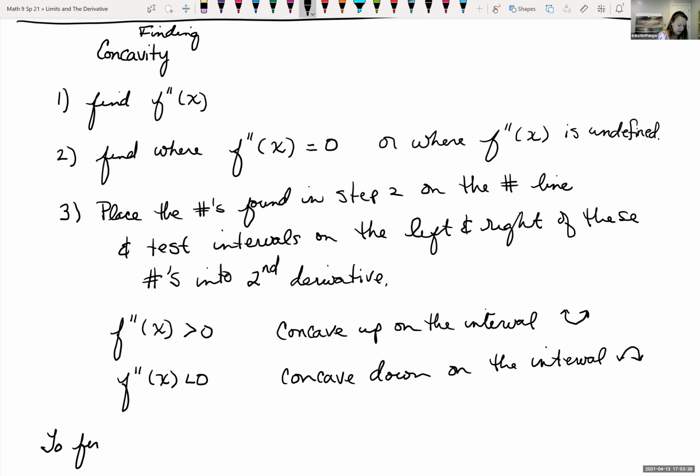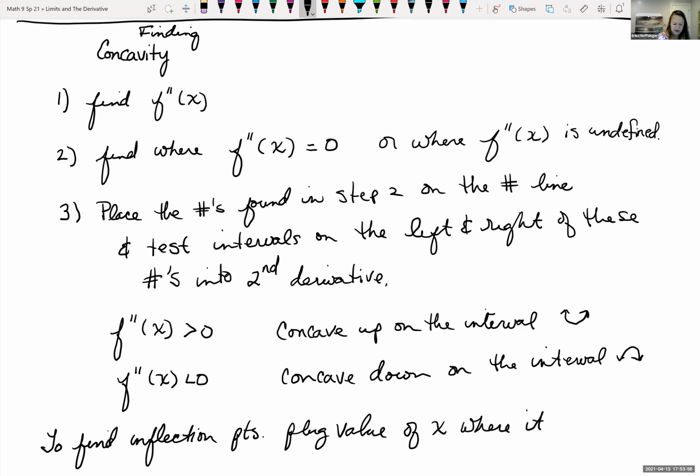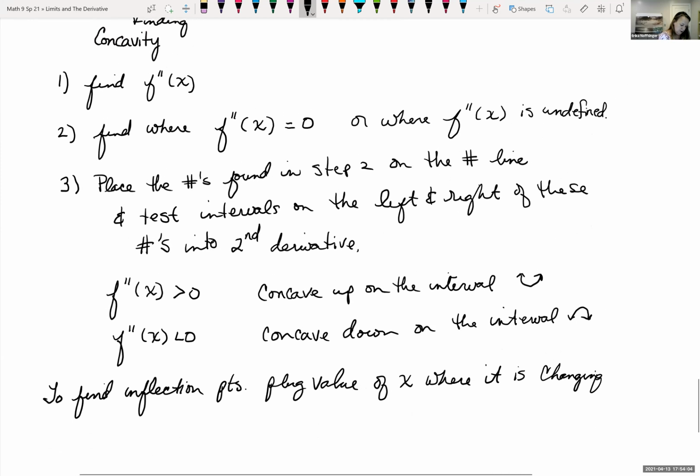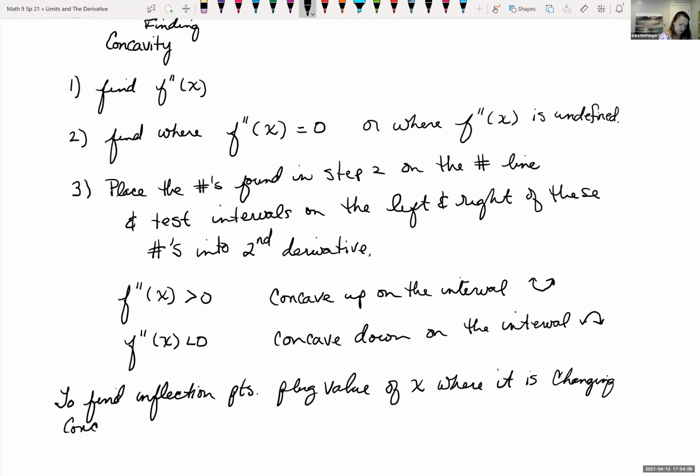So to find inflection points, plug the value of x where it is changing concavity back into the original function.